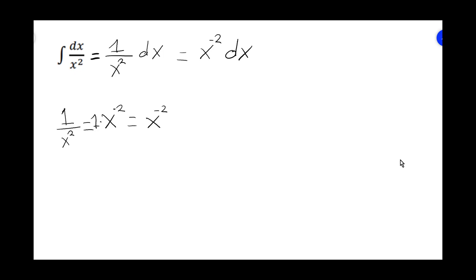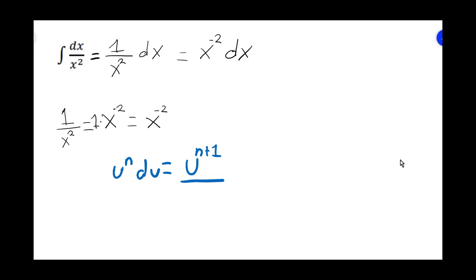If you don't remember, the power rule says that whenever you have a function u to any n power times du, which is the derivative of u, obviously, this is equal to u to the power n plus 1, and all of this divided by n plus 1.